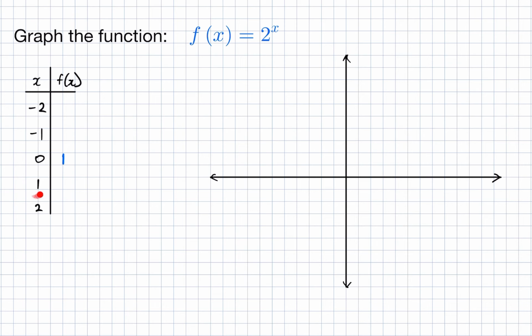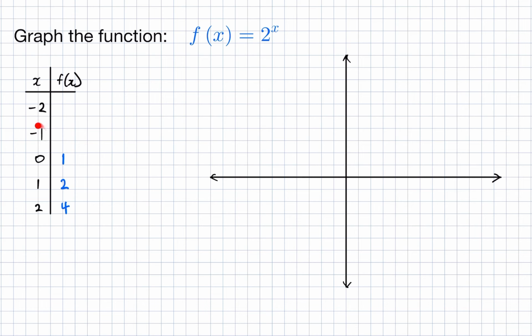Let's go to the next one. If x is 1, 2 to the 1 power is just 2. And let's go to 2. If x were 2, then 2 to the second power means 2 times 2, which is just 4. Now let's go to the negative.